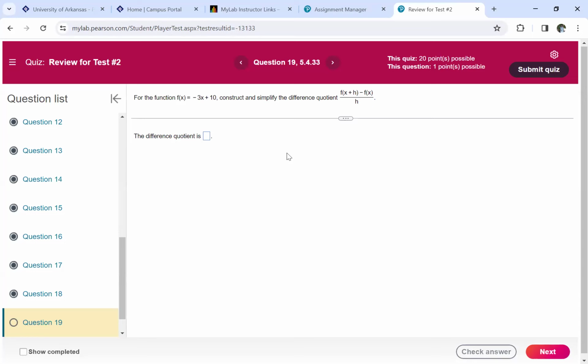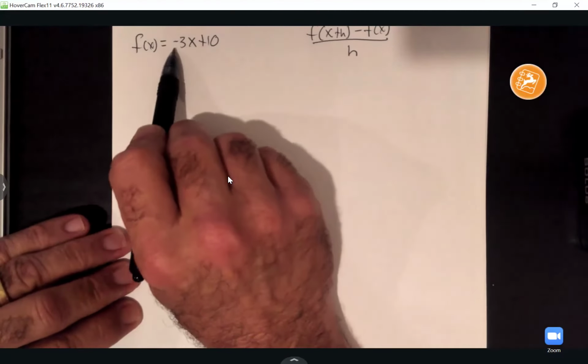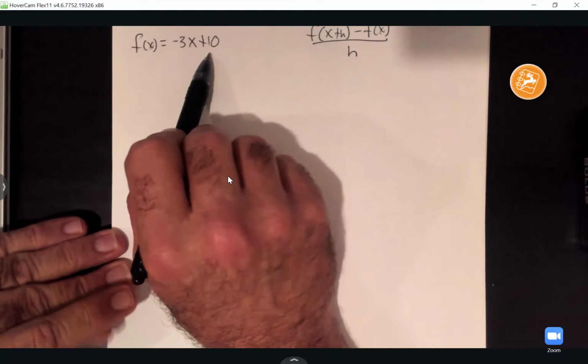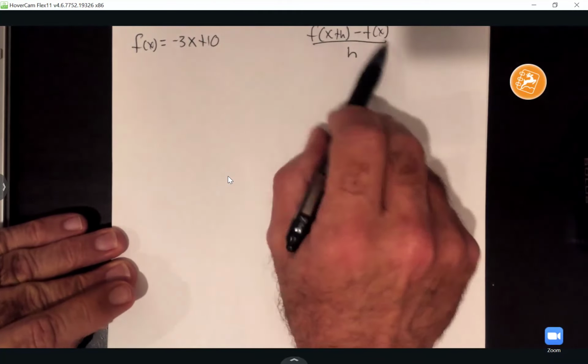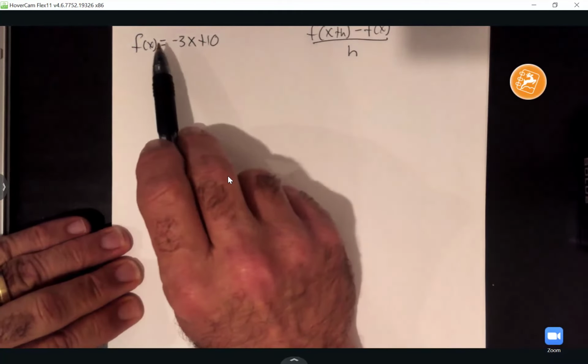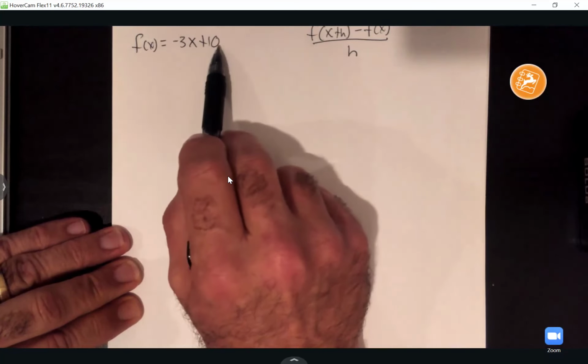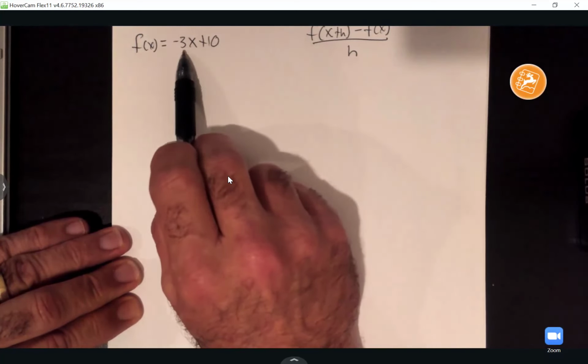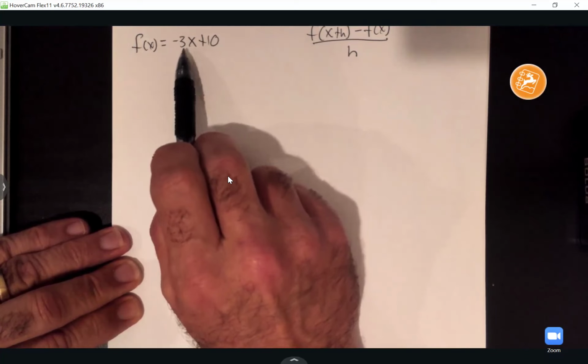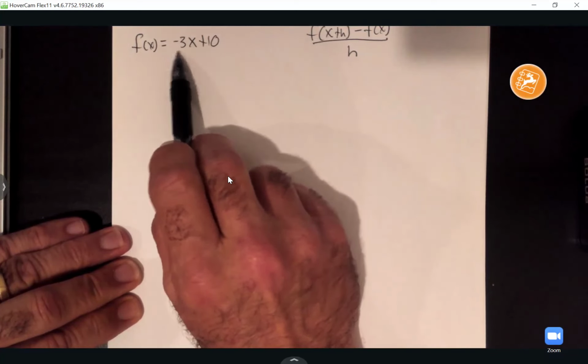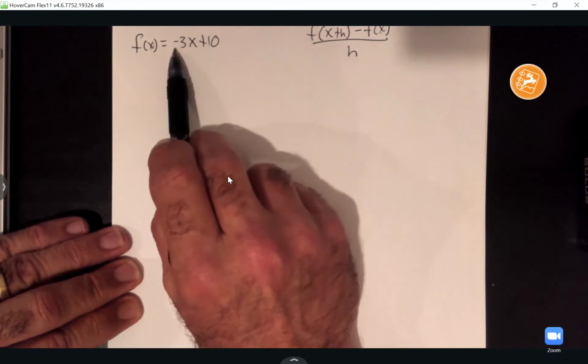Now, y'all, I'll show you a trick on number 19 here. Since that's a straight line, and this formula is finding slope. This is like y equals mx plus b. M is the slope. So whatever number's in front of the x and you got a straight line is going to be the slope.